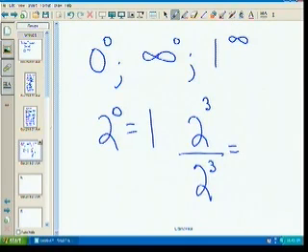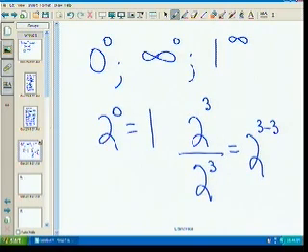Yes. What do you do? You subtract the exponents. But what is 2 to the 3 minus 3? That's 2 to the 0. And what was the fraction that we started with that generated 2 to the 0? It was 1. There are other ways of validating that 2 to the 0 is 1, but that's one way.